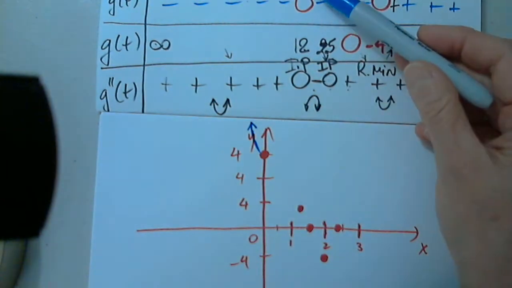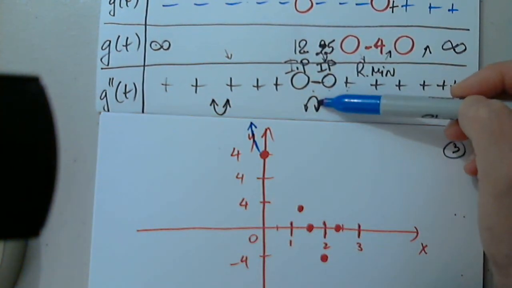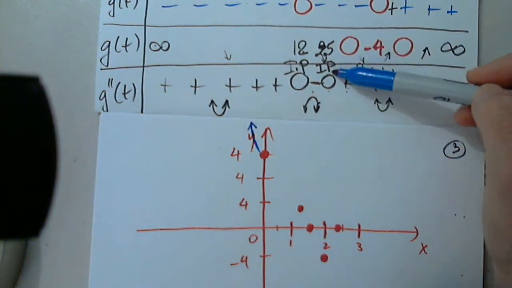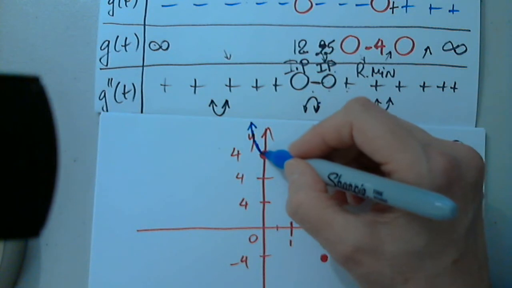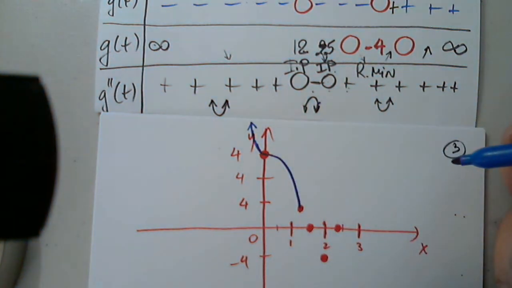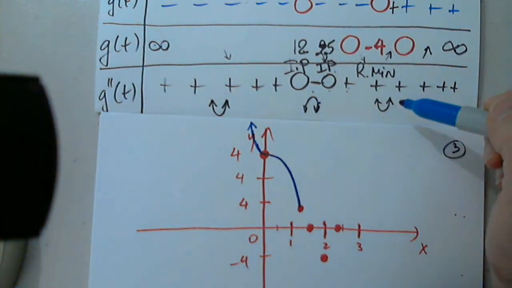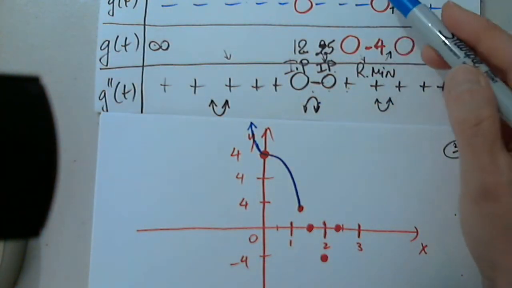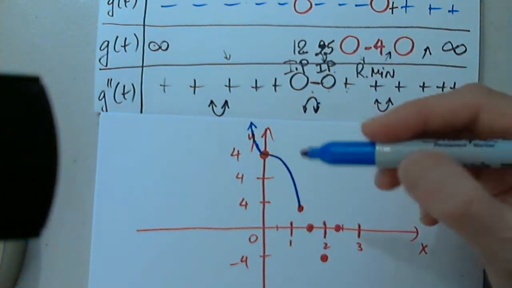Where it changes concavity, it starts opening downward, and it reaches this other inflection point. Fine. Changes concavity, reaching the next inflection point. I'm here now. Changes concavity, crossing the x-axis at (1.5, 0).